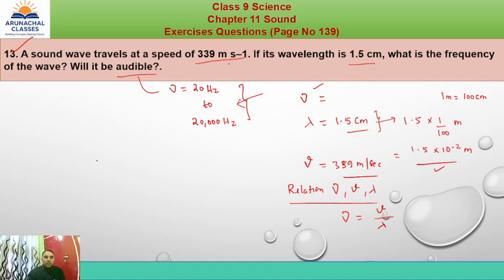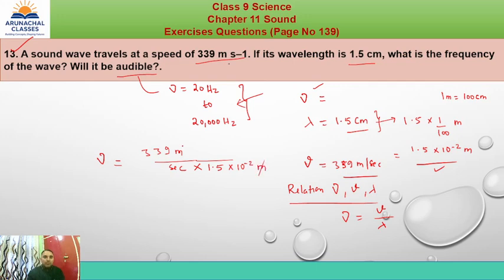We need to find frequency, so this formula will be utilized as usual. Speed is given as 339 meter per second, and wavelength is given as 1.5 multiplied with 10 power minus 2 meter.